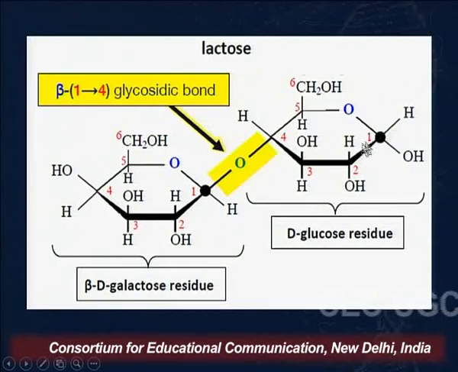And when it undergoes ring opening, this will be converted into a CHO group. And since we have a CHO group here, this molecule will be able to exist in two forms, the alpha form and the beta form, through the open chain structure.